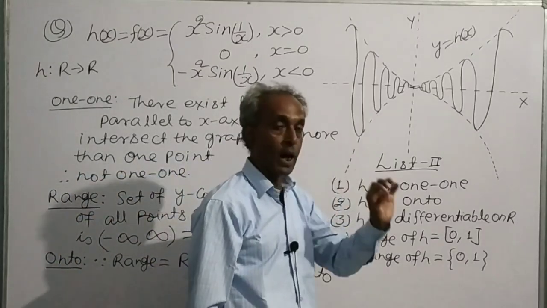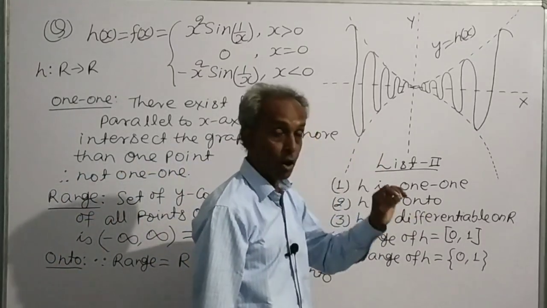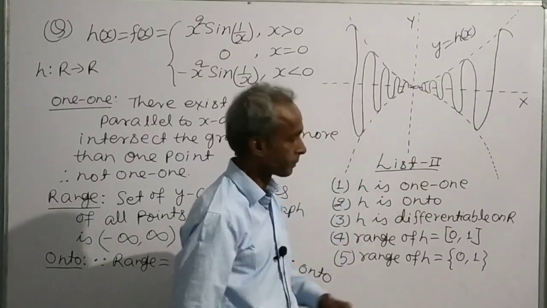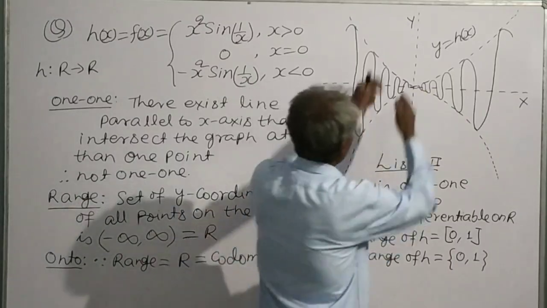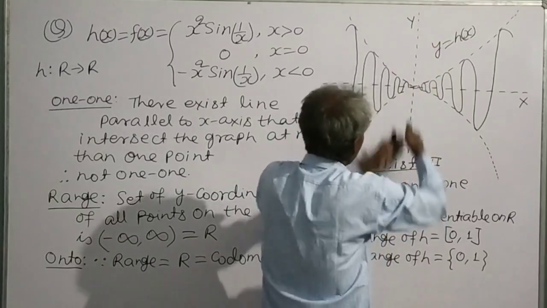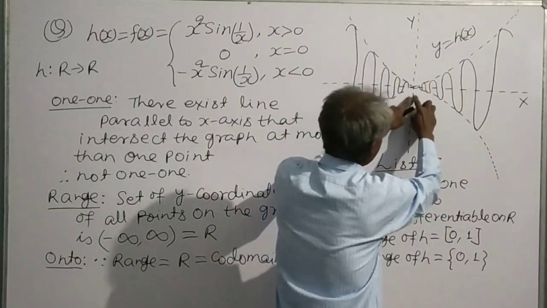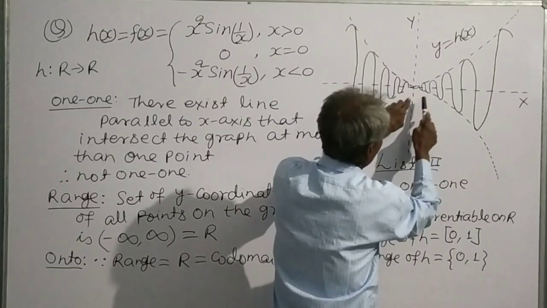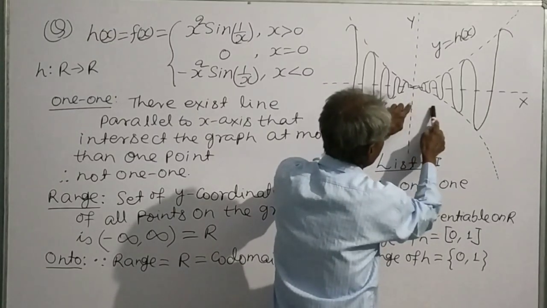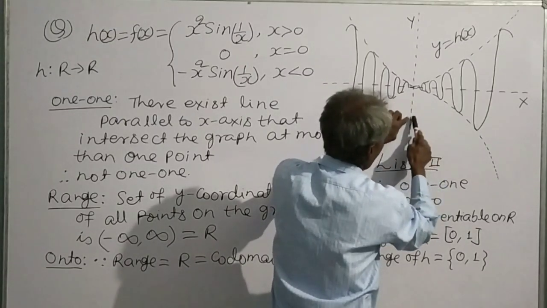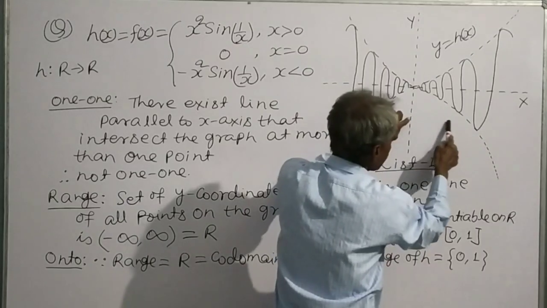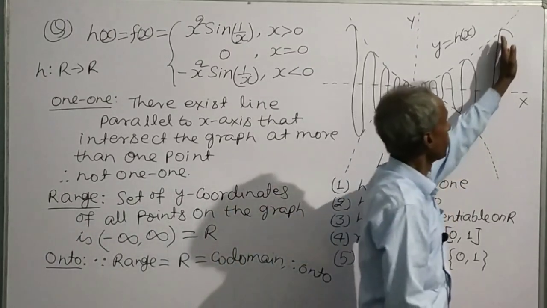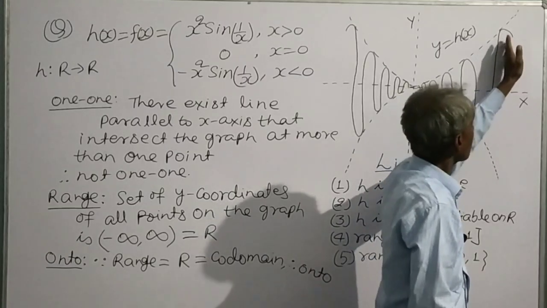Set of y coordinates of each point on the graph. On the y-axis, this number is the y coordinate of this point. This number is the y coordinate of this point. This number is the y coordinate of this point.